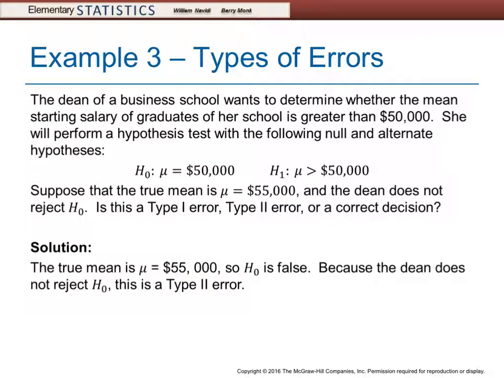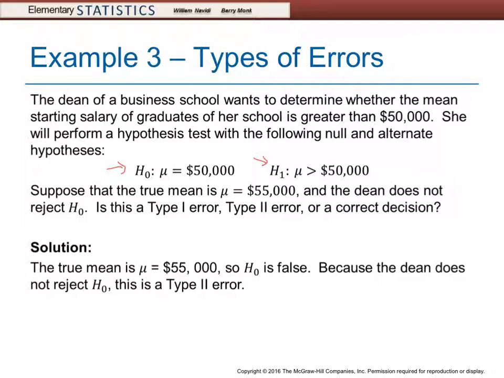So in our third example, we have the same situation. The dean of the business school wants to determine whether the mean starting salary for graduates of her school is greater than 50,000. She performs the hypothesis test of H0, mu is equal to 50,000, versus H1, which is mu is greater than 50,000.